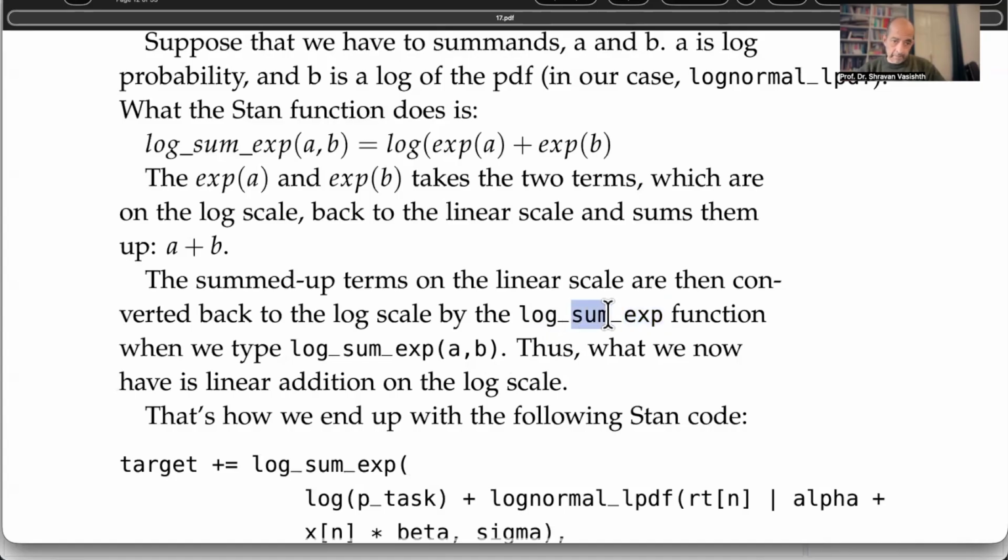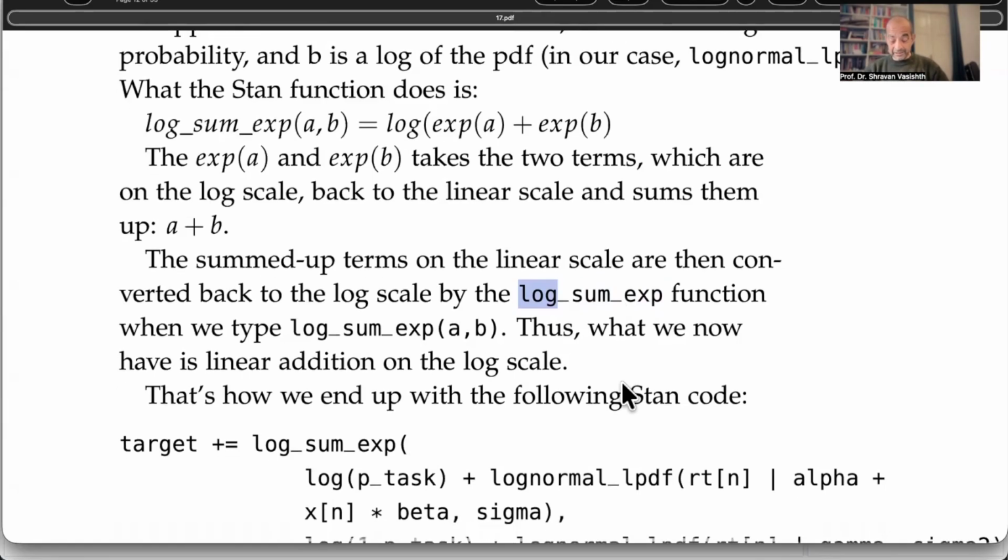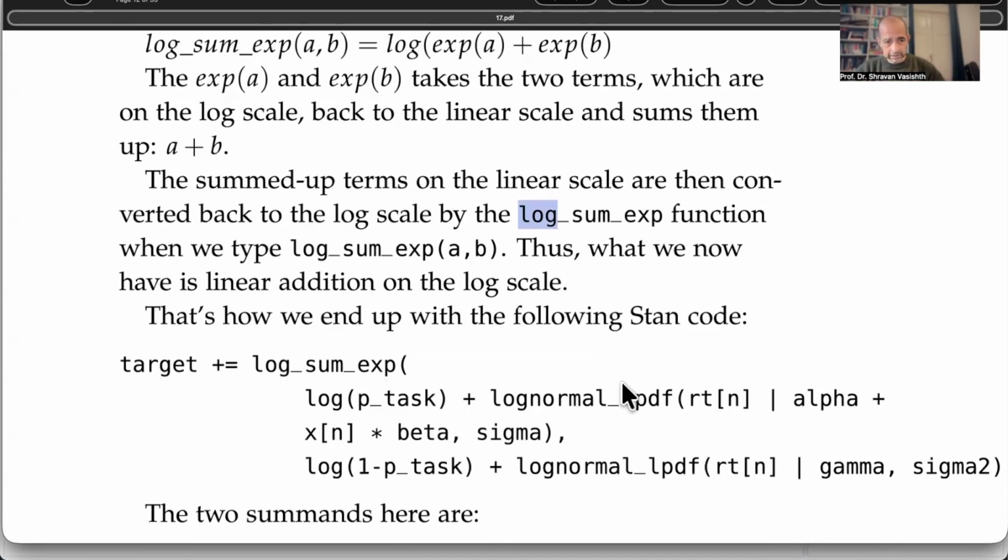Then we're going to sum them up. And we convert them back to the log space. That's the meaning of this function, the name, why it's named like this. I hope that's clear. I mean, it's really confusing. I always forget where the exponentiations and the logs are and why. So you have to unpack it slowly, and I hope this is clear now.